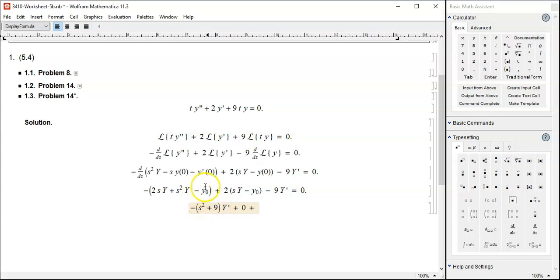Now how about the constant part? y of 0, so this is minus minus plus y naught. And here, this one is going to be negative 2 y naught. So we are going to get minus y naught, isn't it? Did I do this right?